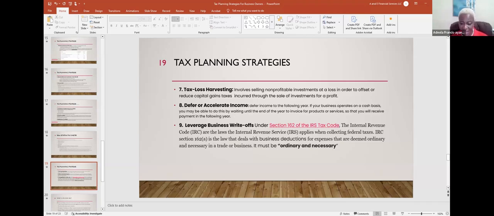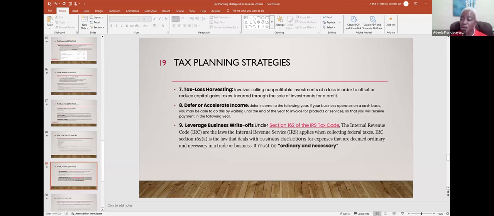What does this mean? Under Section 162 of the Internal Revenue Code, which applies when collecting federal taxes, every business is different, every industry is different.